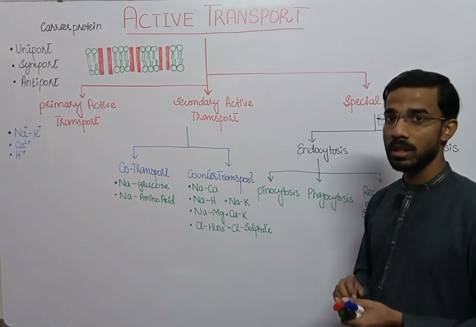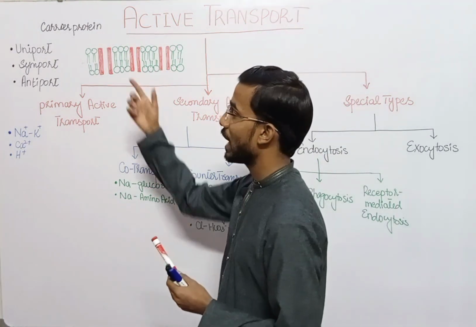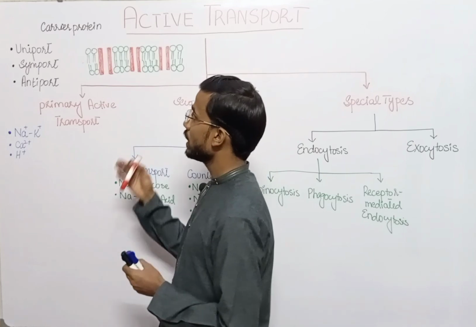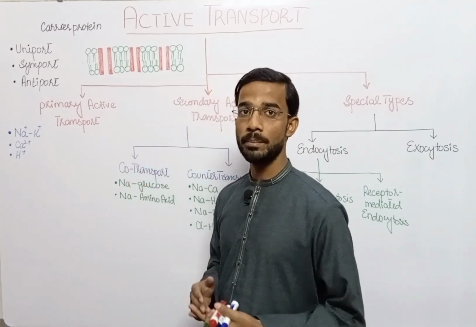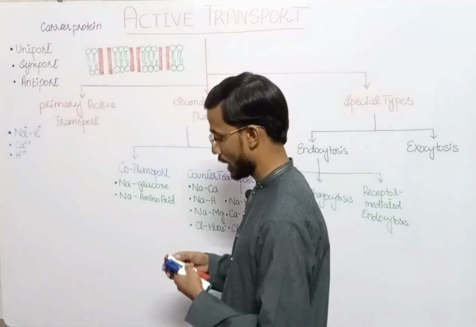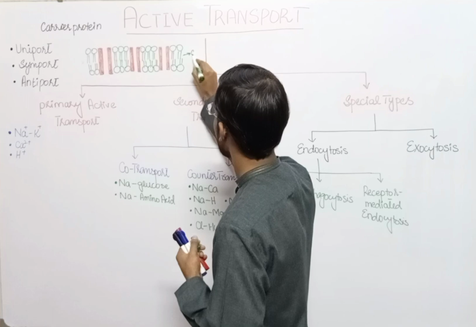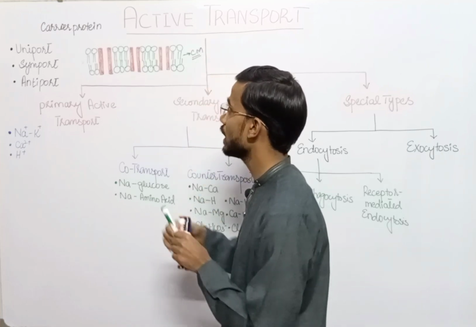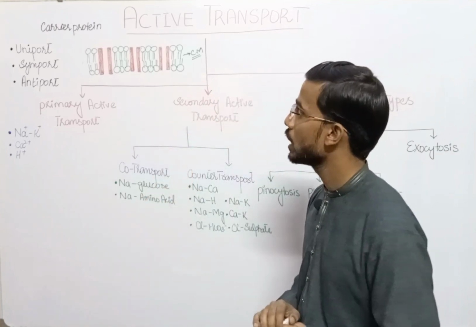Before we discuss these types, we should know what a carrier protein is. Carrier protein has three categories: Uniport, Symport and Antiport. Here you can see the cell membrane, or plasma membrane, and three different carrier proteins.